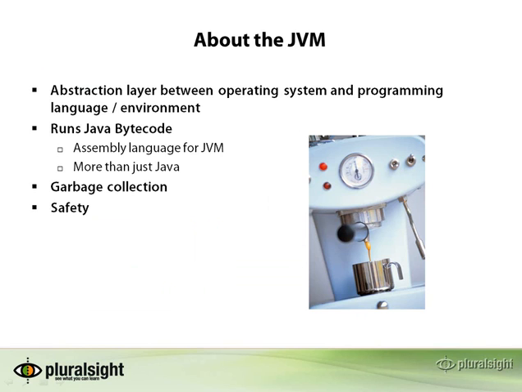A little bit more about the JVM. It's basically an abstraction layer. We talked about how a virtual machine lets you abstract away the operating system and run your application on multiple operating systems and have them run the same way without having to create a different source code or do ifs inside your source code based on the operating system.